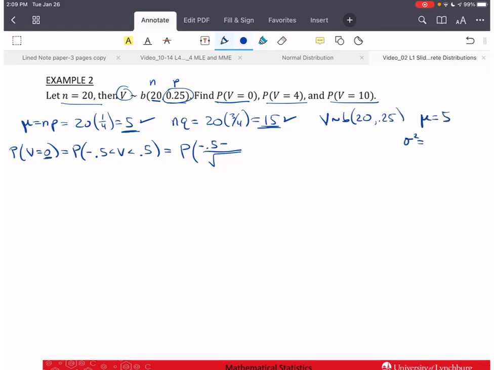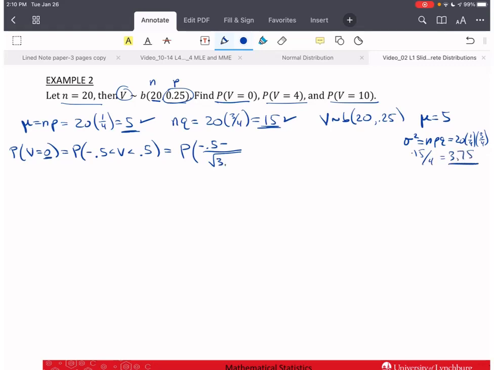Sigma squared is npq, which is 20 times 1/4 times 3/4, which is 15/4, which is 3.75. That's our variance.